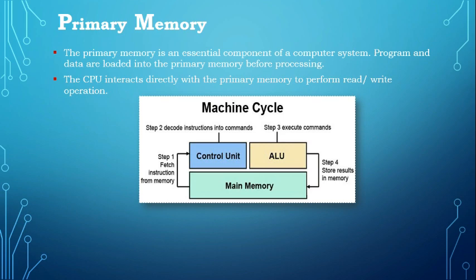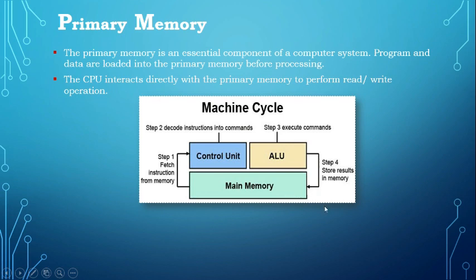So you can see here in this figure that the main memory is here. It is a part of computer memory, that is a primary memory. From the main memory, the control unit fetches the instruction and then the control unit decodes the instruction into commands, and these decoded commands are executed by the ALU, and after the execution the ALU sends those executed results back to the memory.